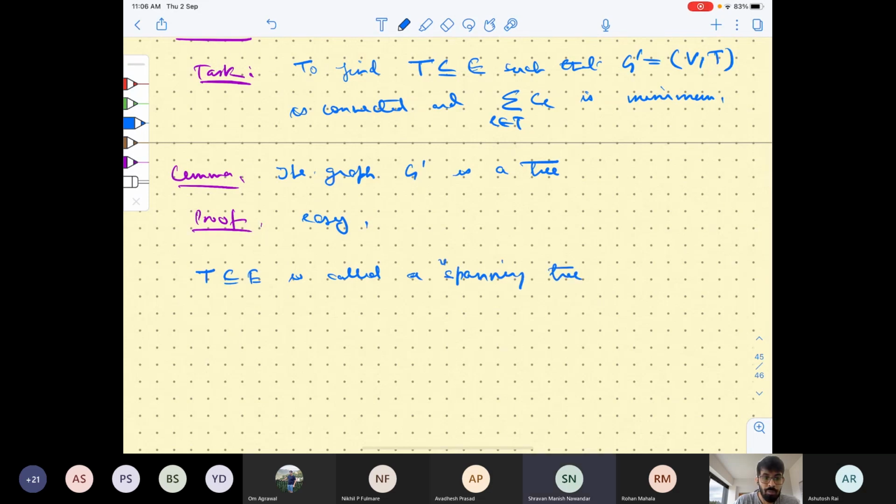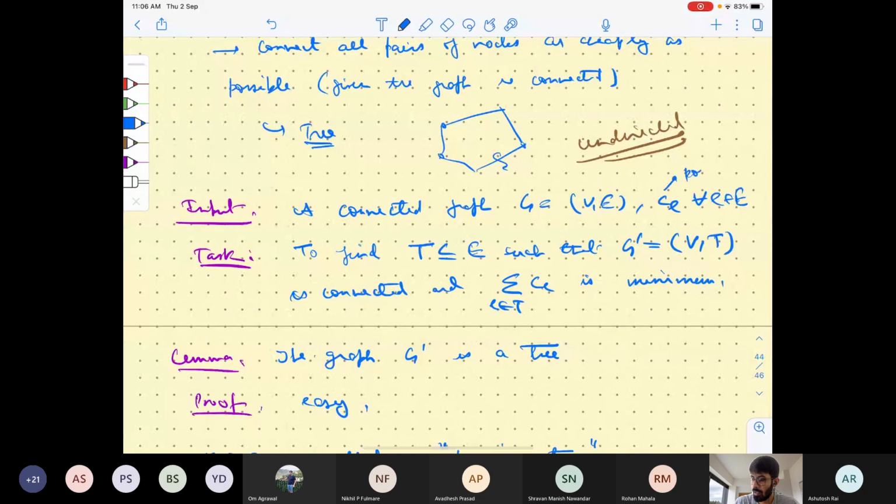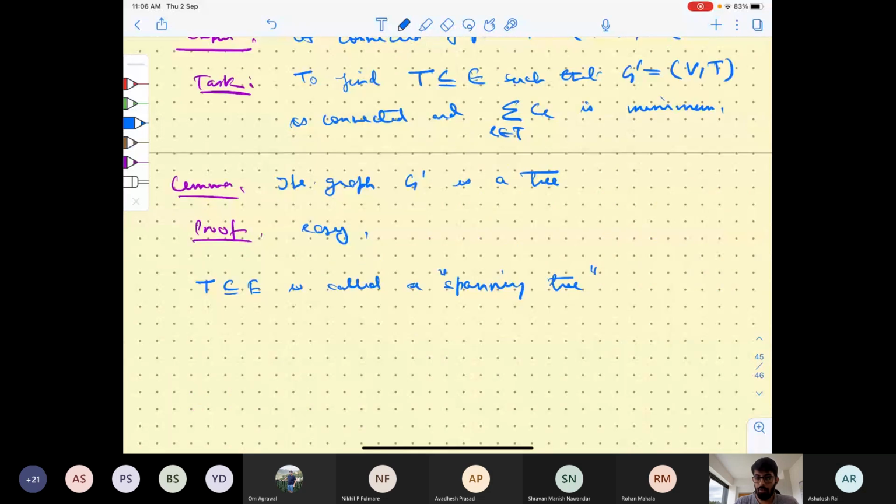In the input, we should be mentioning that c is positive, right? Yes. Positive c. Thanks. So T subset of E is called a spanning tree if (V, T) is connected. And that's why the name minimum spanning tree.